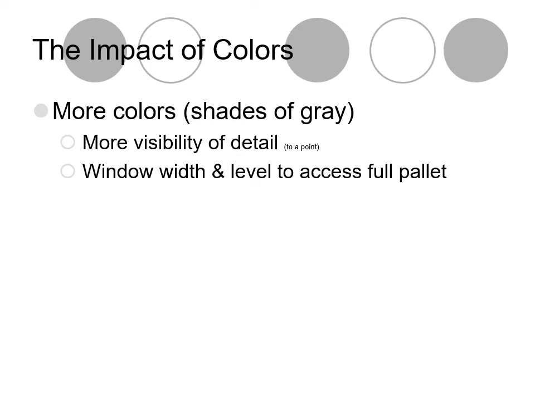Diagnostic monitors used by radiologists have smaller pixels, more powerful graphics hardware, and are better able to make small differences visible. With that said, the human eye can differentiate about 30 shades of gray at a time, so adjusting the window level and window width may be necessary to appreciate all of the details in an image.